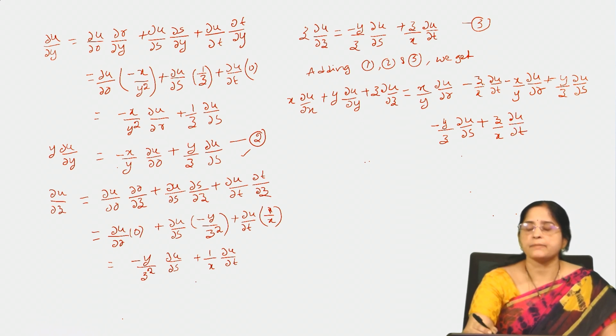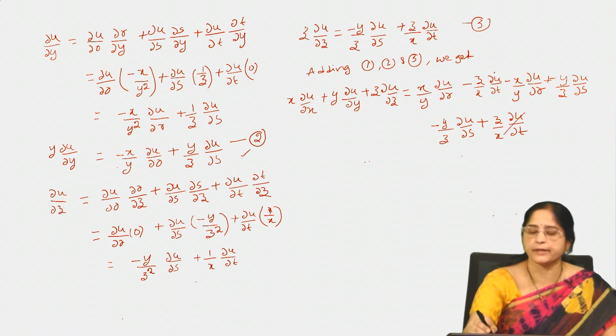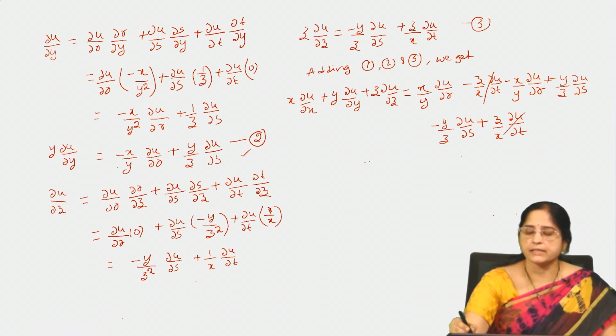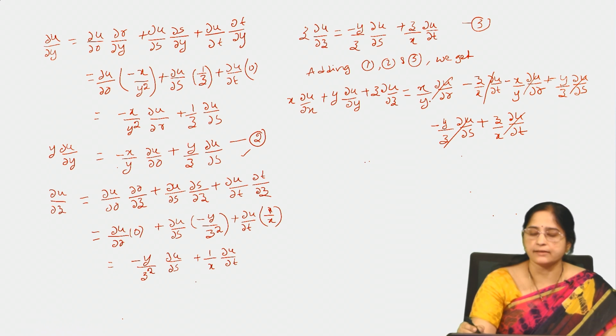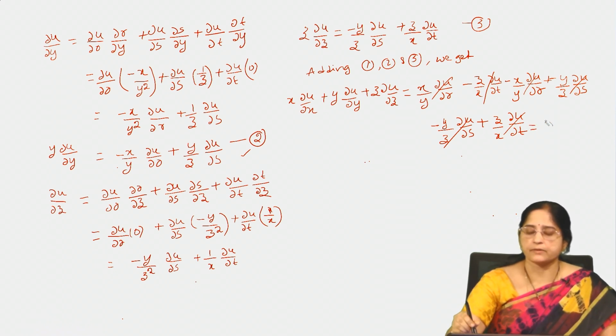So here is minus z by x into dou u by dou t, this is plus z by x into dou u by dou t, this cancels. Minus y by z, this is plus y by z into dou u by dou s, cancel. X by y dou u by dou r minus x by y dou u by dou r, cancel. We are getting 0. So this is equal to 0.